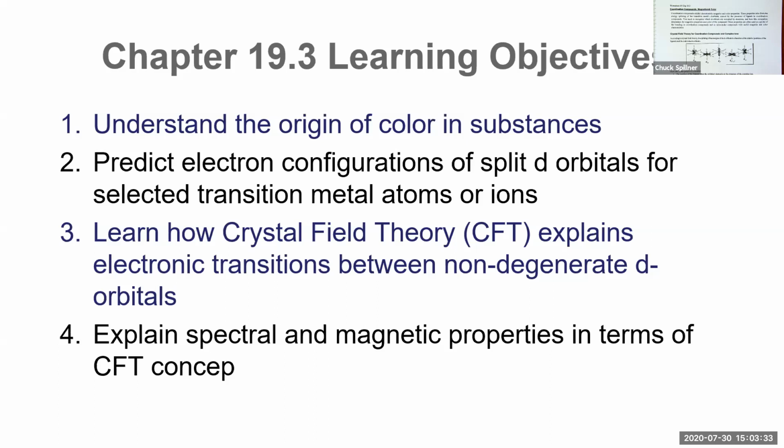And then lastly, we're going to look at a theory called the crystal field theory that explains what happens to the d orbitals, and then from that we'll look at the colors and also magnetic properties of these complex ions.